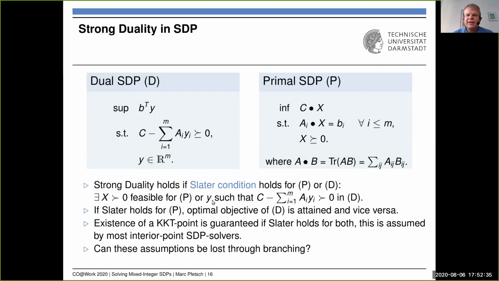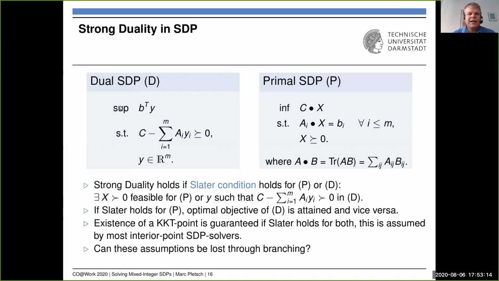In the dual, it means there's a vector y such that this matrix here is positive definite. So one can say that there exists a solution in the interior of the constraint set. The Slater condition implies strong duality. And it also says if it holds for P, then the optimal objective of D is attained and vice versa. So if the Slater condition for D is satisfied, the optimal objective of the primal is attained and vice versa.